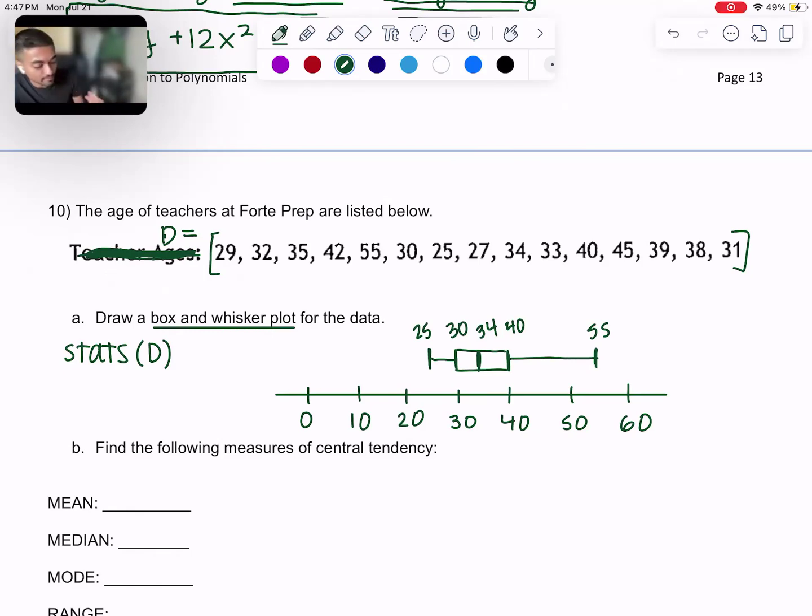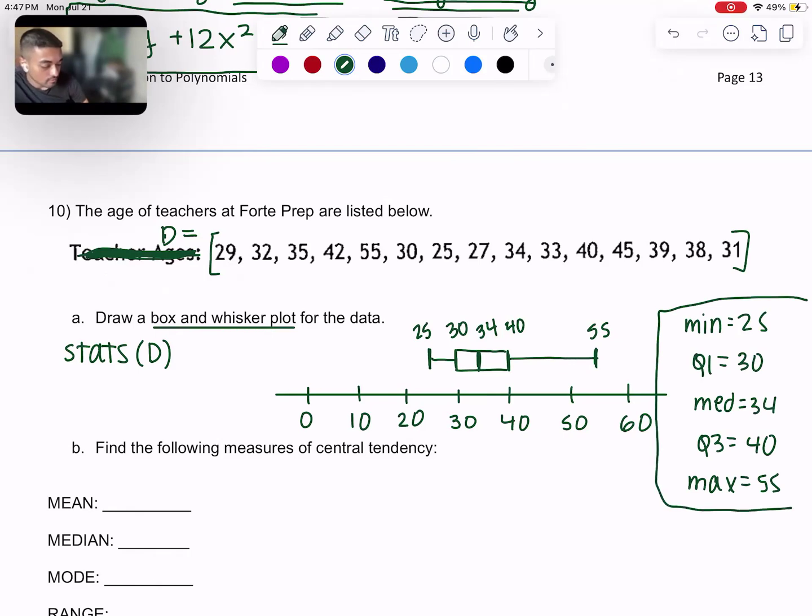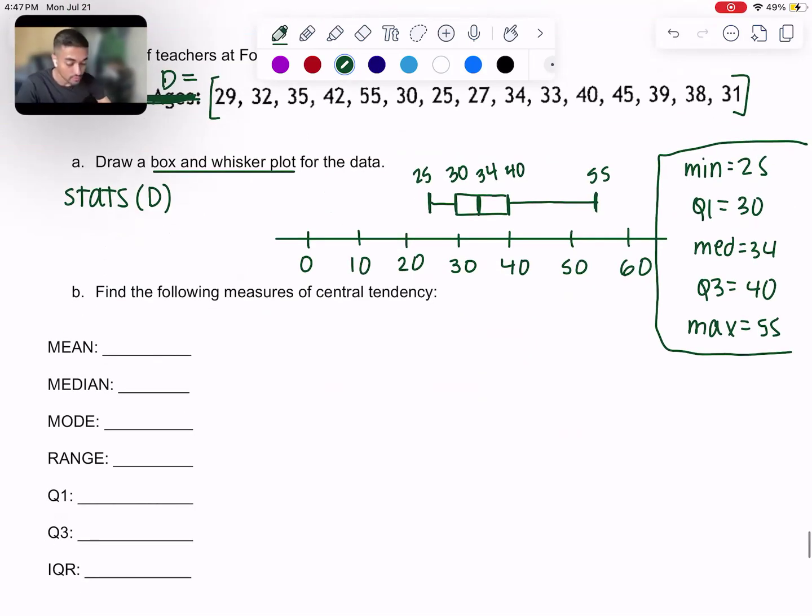Okay. Don't forget to label those on the side. Minimum 25. Q1 30. Median 34. Q3 40. The max 55. Let's write it on the side. Oh, we have some of these values already. So we have Q1. We have Q3. We have the median.